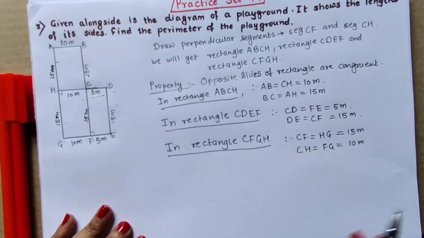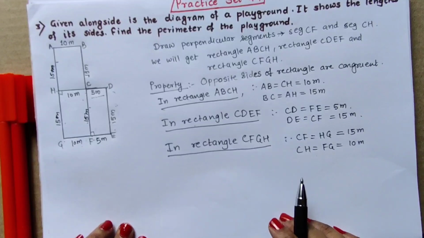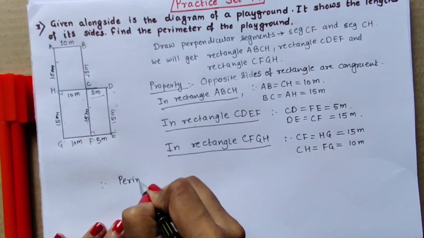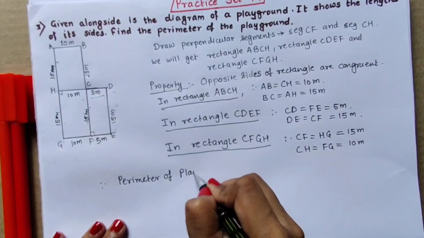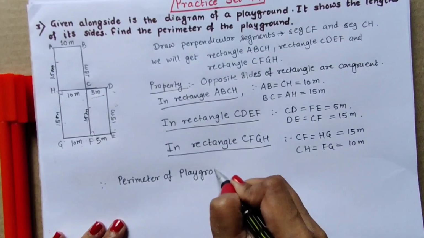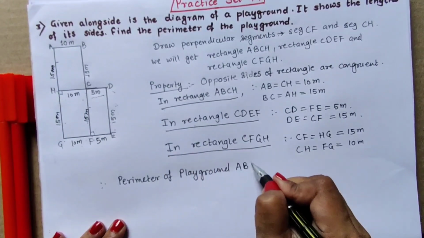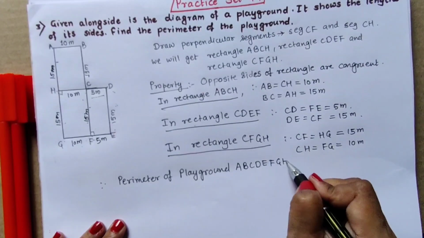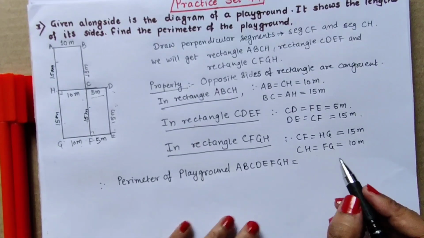So for finding the perimeter of this playground, we will add all the sides. So let us write, therefore, perimeter of playground. Write the names A, B, C, D, E, F, G, H. Okay, so we add all these sides.